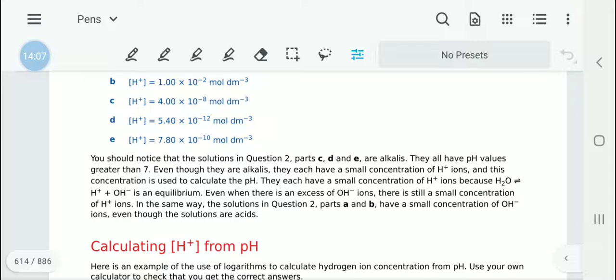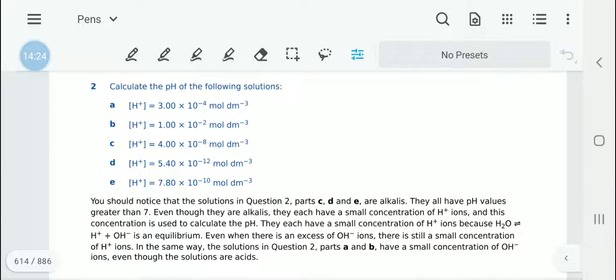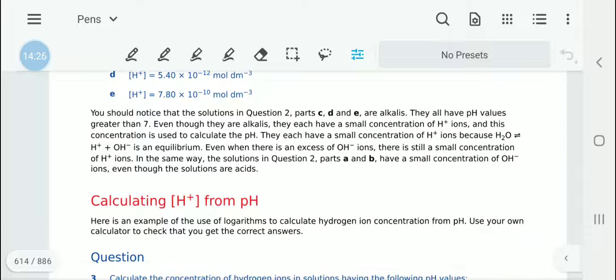Now when you have done the question, you would see that C, D and E are going to be alkalis. As you can see, the H plus ion concentration is very low, but they still have a concentration of H plus ions. However, they have more proton acceptors, so they are basic in nature.